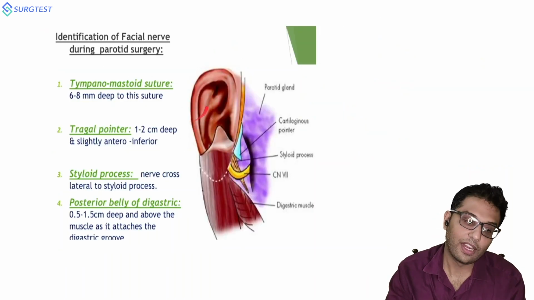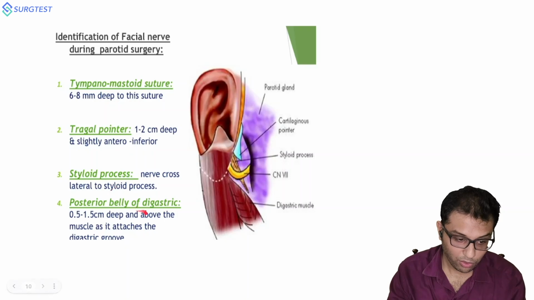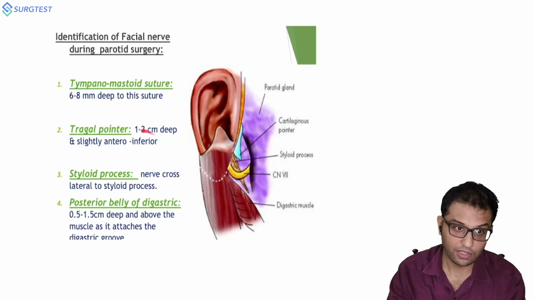Now the more important landmarks, that is the landmarks of parotid surgery, are tympanomastoid suture, tragal pointer, styloid process, and posterior belly of digastric. So the most commonly utilized landmark in parotid surgery by the surgeon for identifying the main trunk of facial nerve is the tragal pointer. You should know that the nerve lies 1 centimeter anterior and inferior to the tragal pointer.